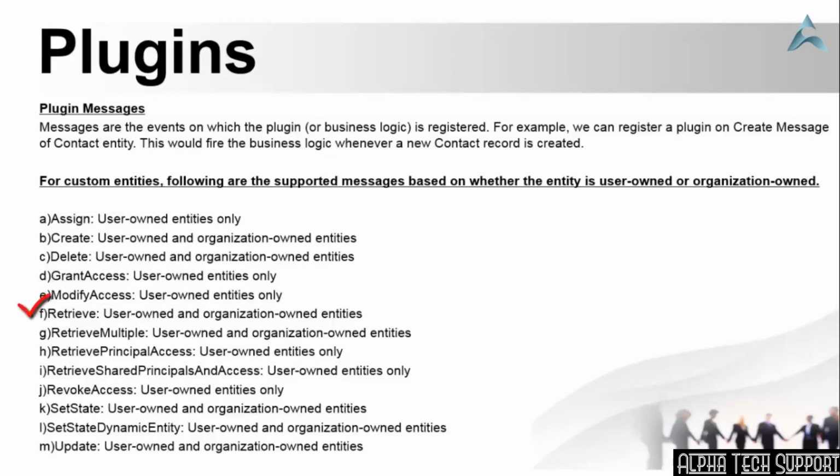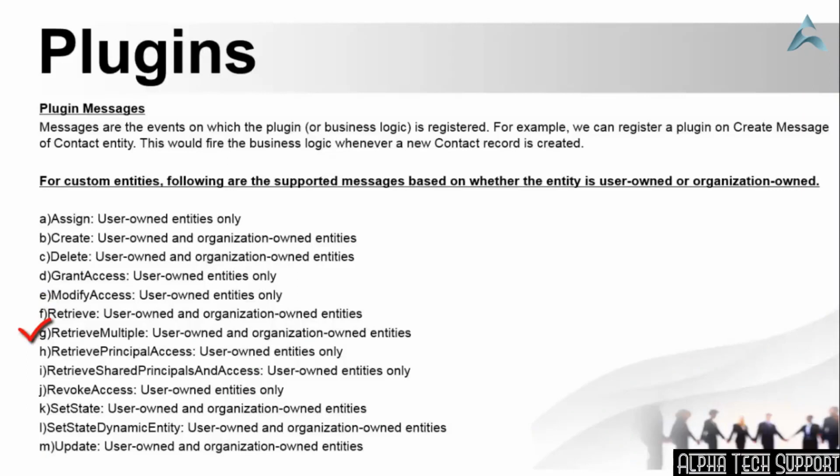Then there is retrieve, which is for user owned and organization owned entities. So you can retrieve data related to a specific user, or you can retrieve all the data related to the organization. Then retrieve multiple.